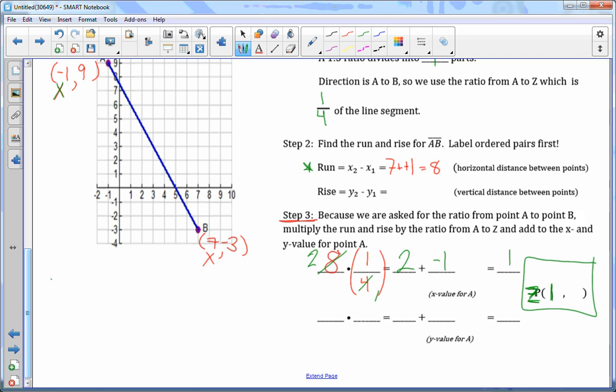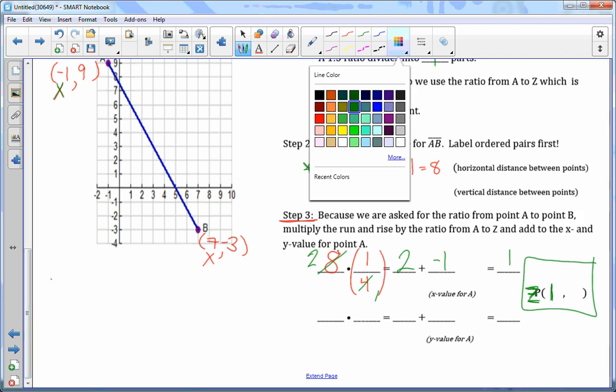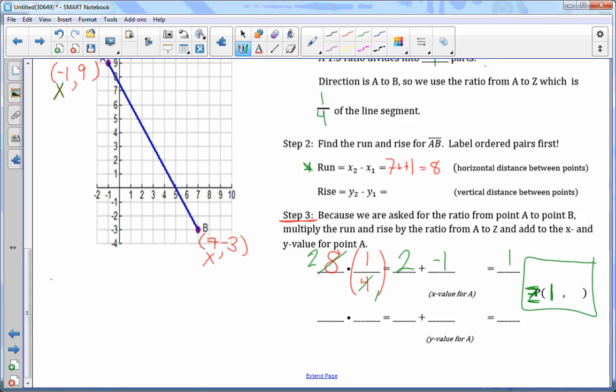So now let's go back through and look at the rise. y2 minus y1. The ending y, y2. The ending y subtract the beginning y. And then what's the ending y?